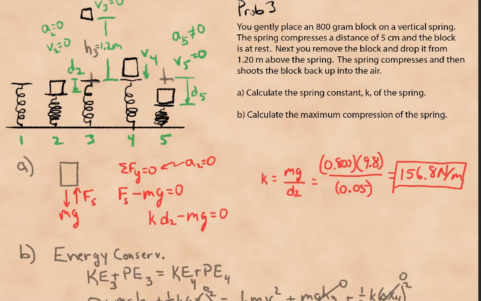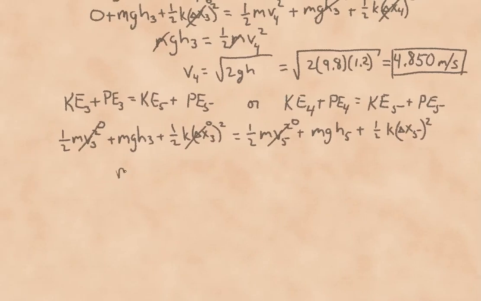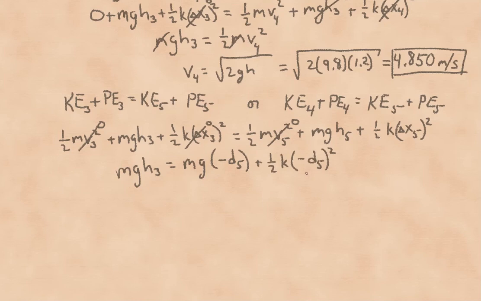So in position 5, the height of the block is going to be a negative d5, whatever d5 is, which is the unknown that I'm looking for. But note that it's negative because it's pointing down, it goes below the origin, so it'll be a negative d5. So d5 is the amount that the spring is compressed.